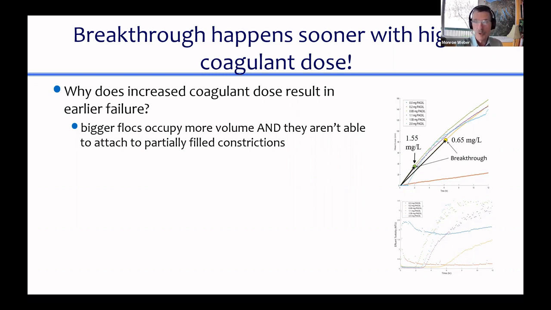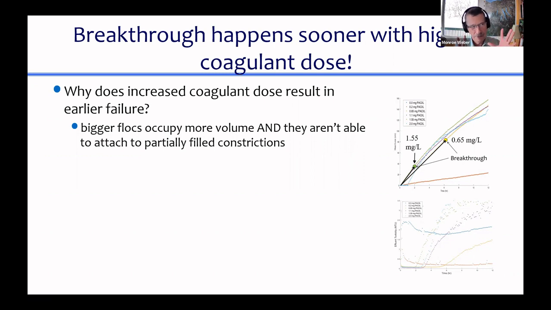So it's possible, because we didn't have any clarifier in this system, that we produced bigger flocks when we added more coagulant, and those bigger flocks occupy more volume. And this is because they're fractals.